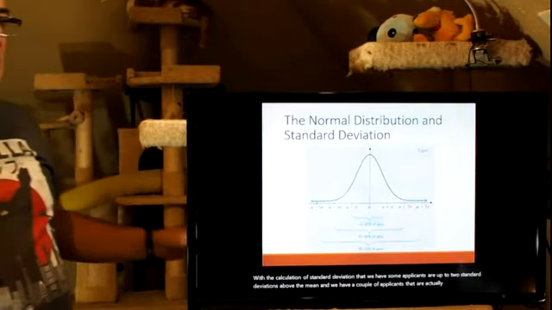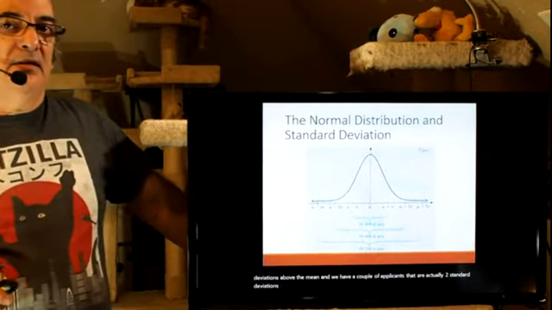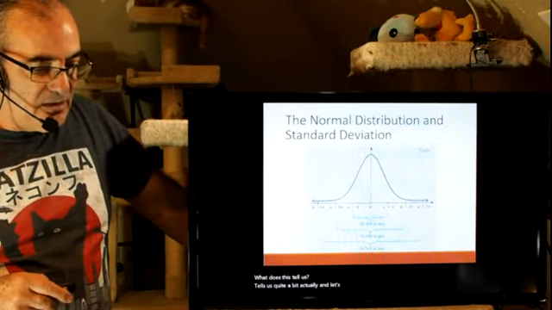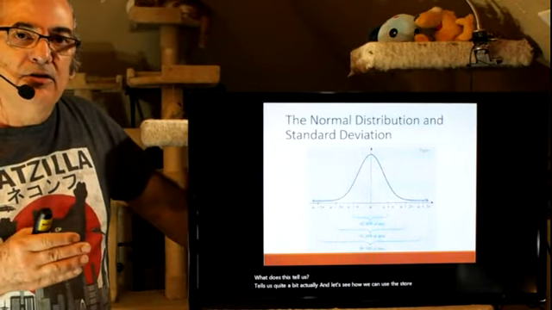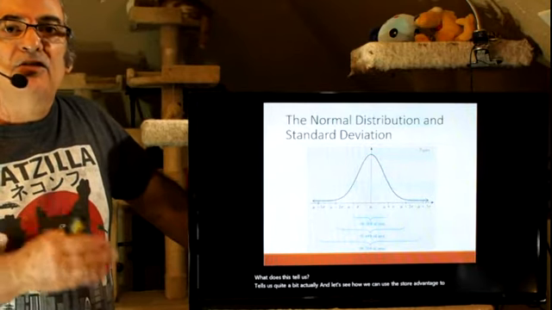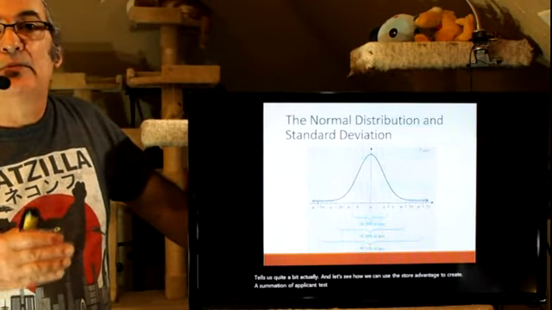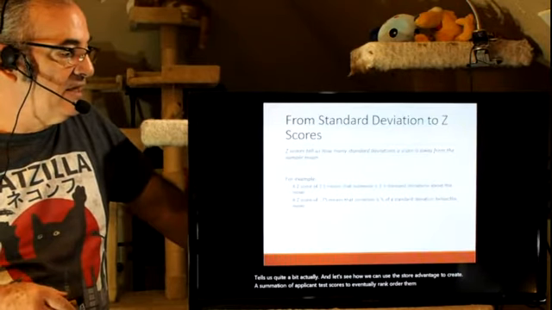What does this tell us? It tells us quite a bit, actually. Let's see how we can use this to our advantage to create a summation of applicant test scores to eventually rank order them across, let's say, 5 tests that they've taken.